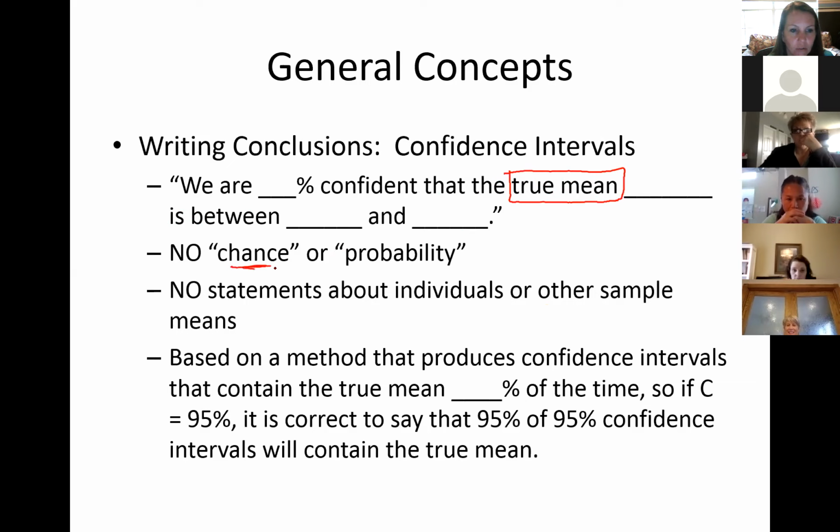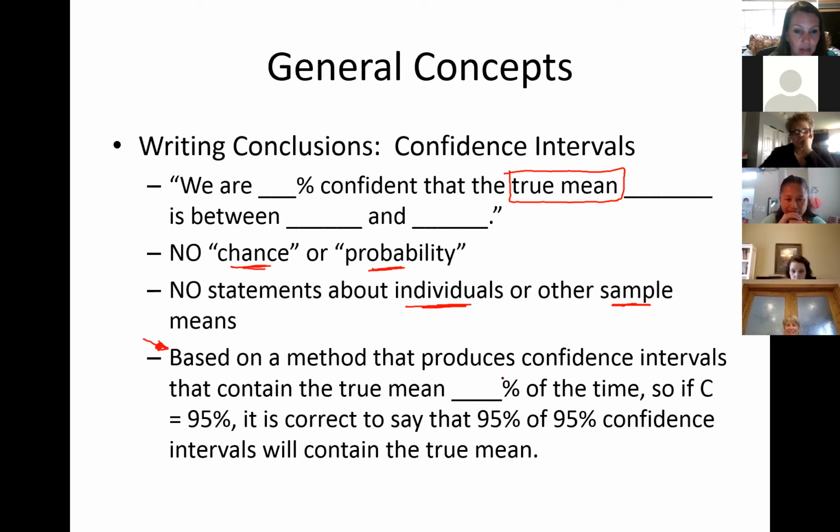Watch out for words like chance and probability, especially if they're used in conjunction with actual numbers, because that's going to make them wrong. And watch out for statements about individuals or other sample means. I think these were the ones that threw people off on the test review lesson you did in your groups yesterday. This bottom one always throws people too.